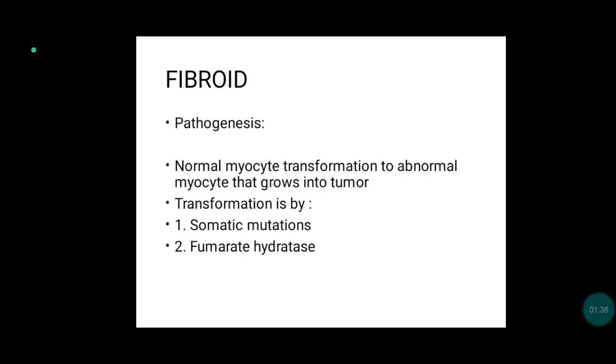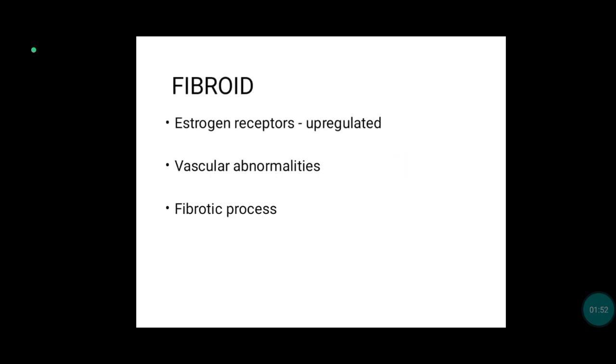This progesterone will inhibit the apoptosis, and the vascular abnormality that helps in formation of fibroid will be increase in angiogenic growth factors. And the fibrotic process that helps in formation of fibroid will be upregulation of collagen.